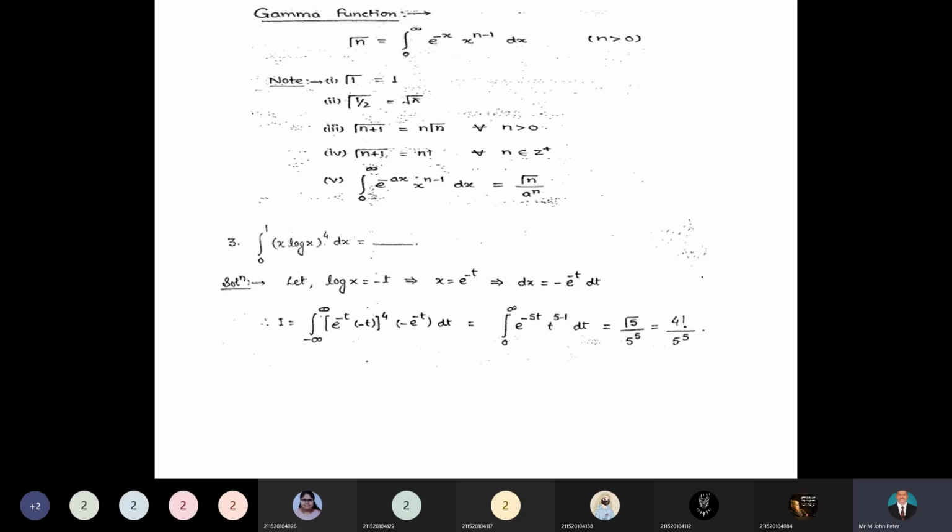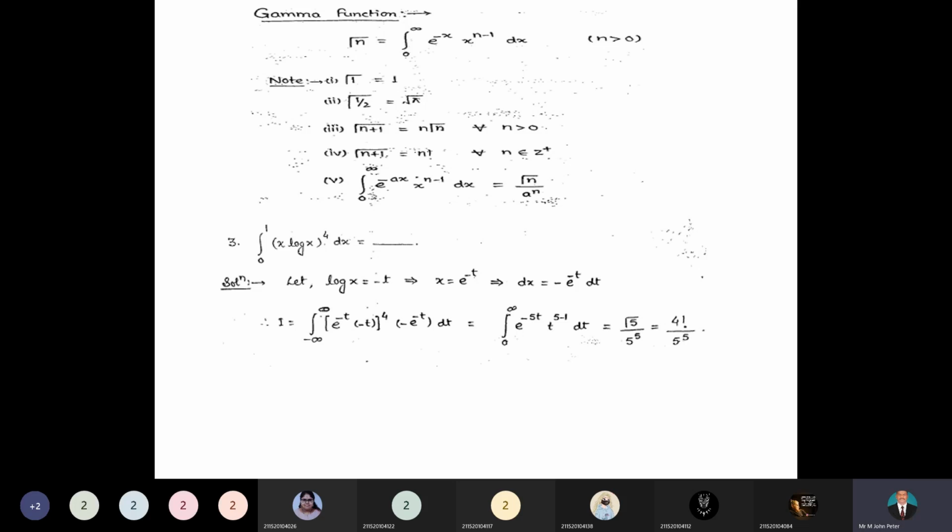So apply the substitution in the given integration. The limit will convert to 0 to infinity. Instead of 0 to 1, it will be infinity. It is minus t, so t equal to minus log x.